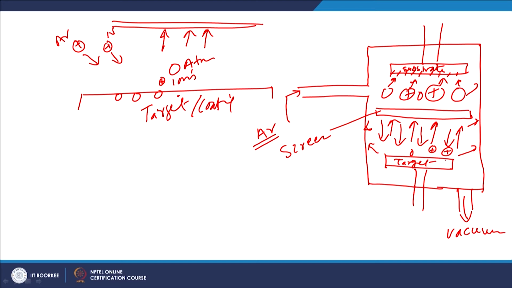We may be losing the target material significantly through this sputtering process, but the amount of material which is deposited on the substrate is very less, because whatever material is removed in form of the atoms and ions will be deposited in the internal surfaces as well as at the surface of the substrate.